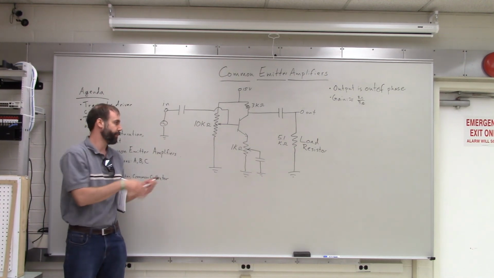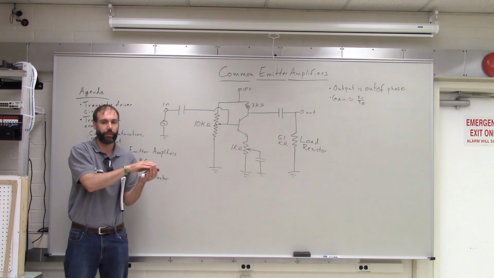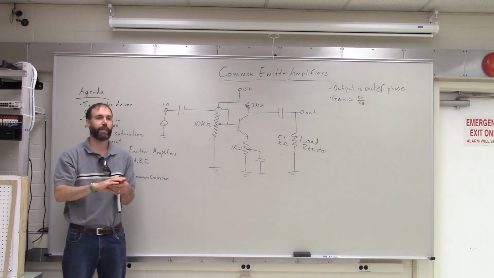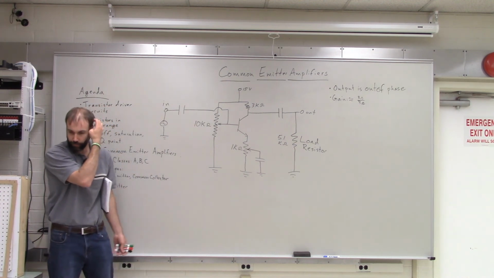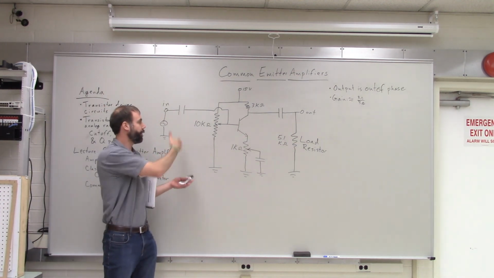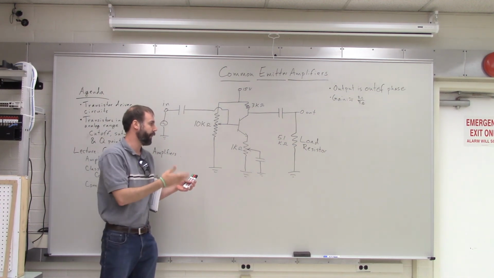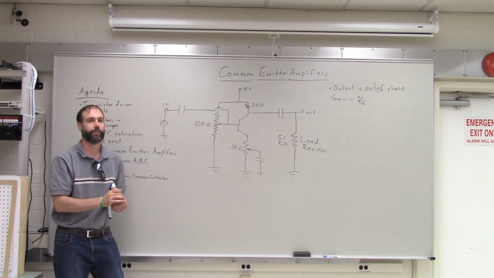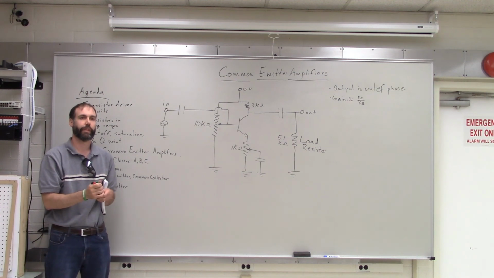So generally, this is the first stage in an amplifier. So you want to take a small signal and increase the voltage while adding as little noise as possible, distorting the signal as little as possible. So we're looking at the limits of this circuit and what things will introduce noise and distortion to the circuit. Does that make sense? Kind of.